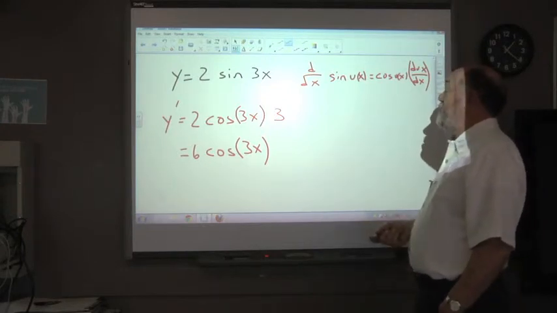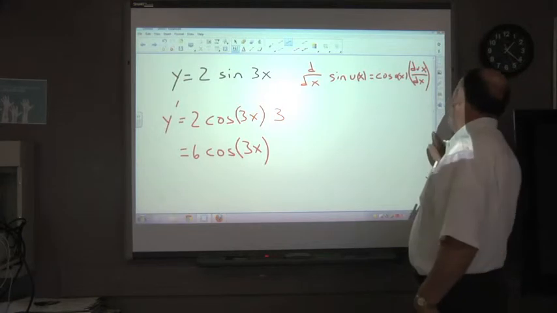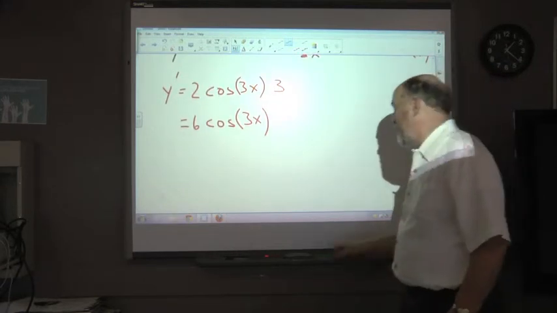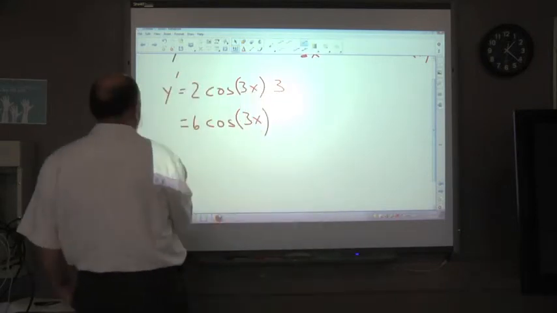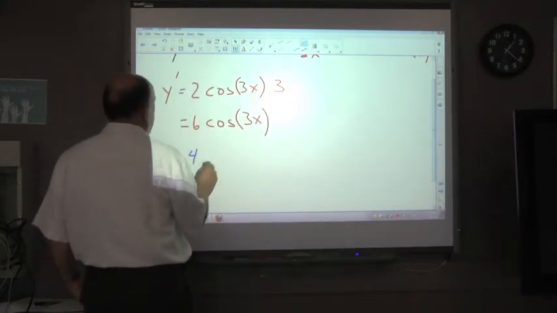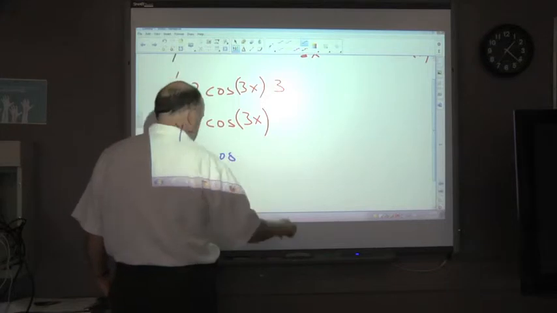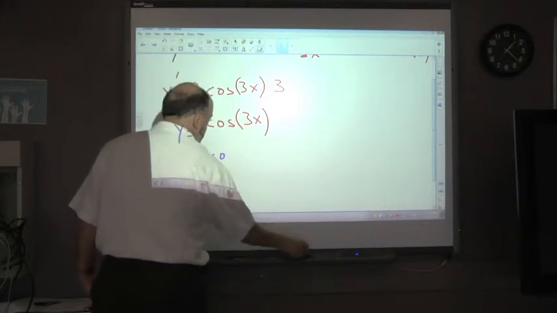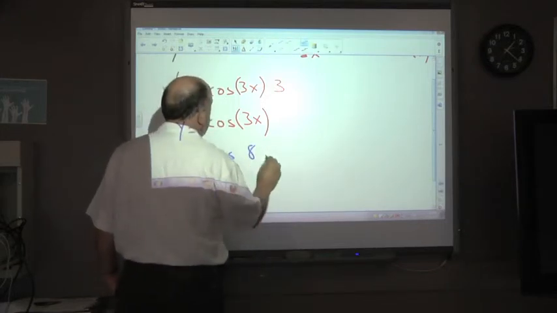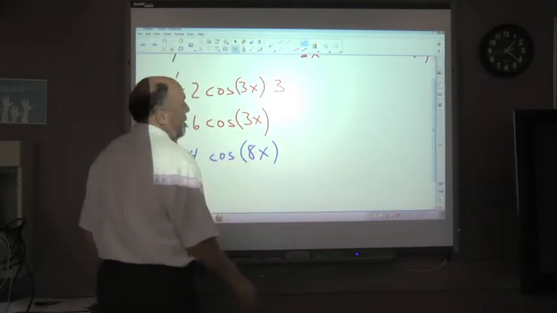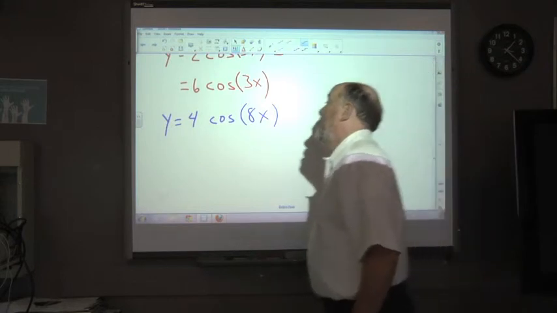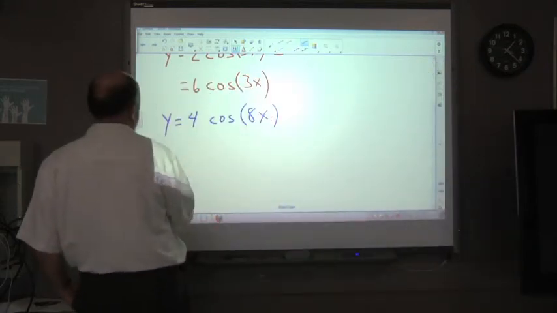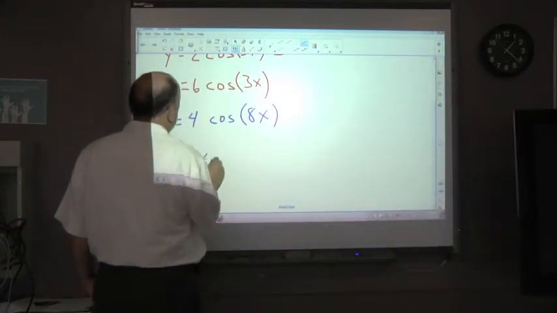The same thing would be true in terms of our cosine function. So if we had y equals 4 cosine 8x, and we want to take the derivative of that, so my derivative, y prime, the 4 comes down.